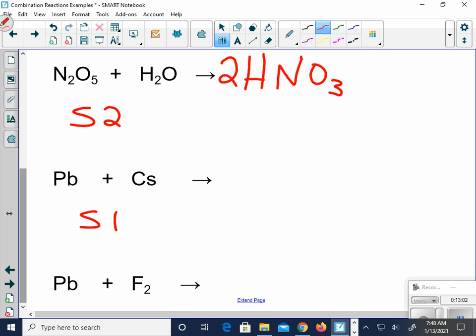Because Pb is lead, it's a metal. Cesium is also a metal. So my outline tells me that if I have 2 metals, that it is an NR. That is no reaction. That reaction will not occur.